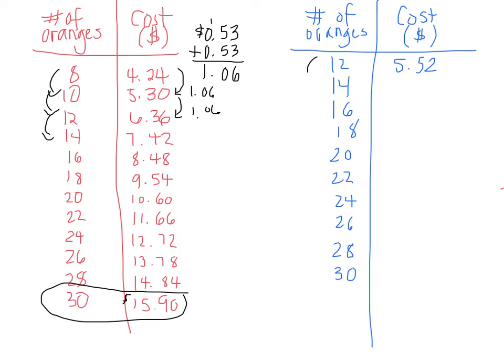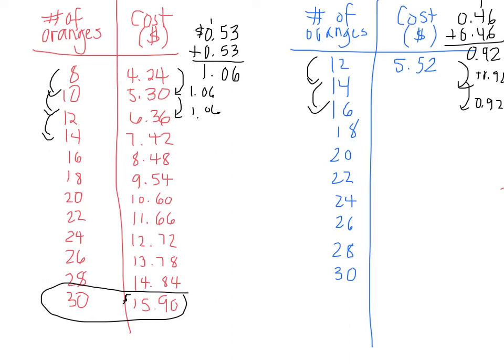Well, since we're counting by 2s, we need to figure out how much it costs for 2 oranges from store B. Well, 1 orange was 46 cents, so if we add 46 plus 46, what do we get? We get 92 cents. So we're going to add 92 cents every time we skip by 2 oranges, because 2 oranges will cost us 92 cents.